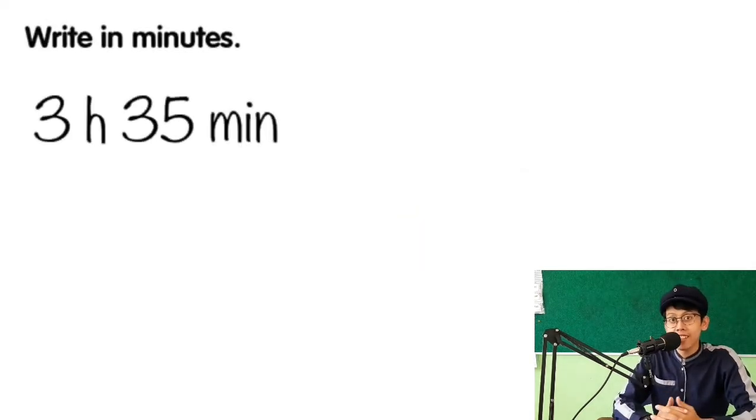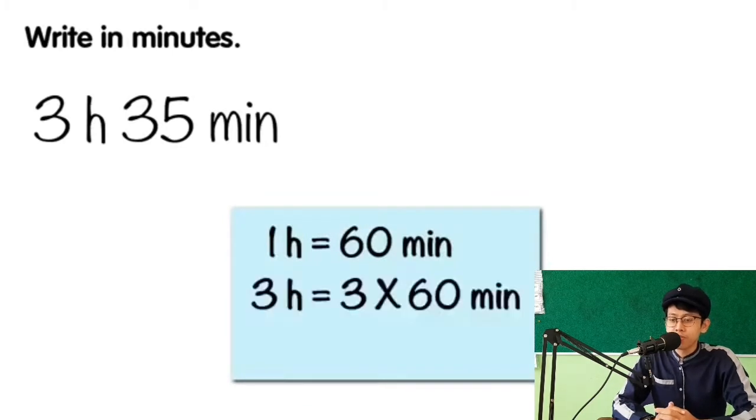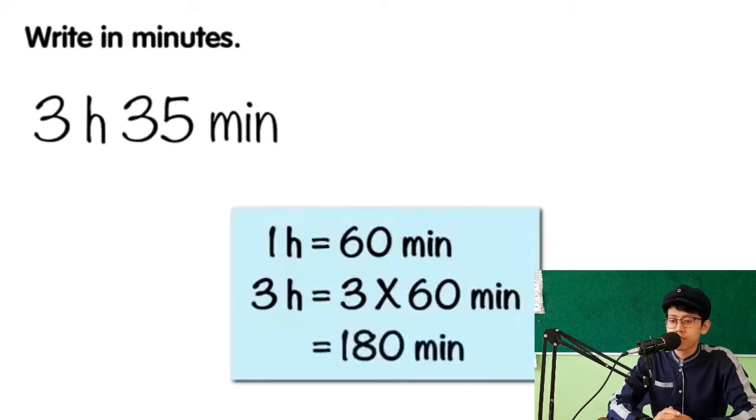How many minutes are there in 3 hours and 35 minutes? In 1 hour, there are 60 minutes. Now let's count it. In 3 hours, there are 3 times 60 minutes. 3 times 6 equals 18, so 3 times 60 equals 180. There are 180 minutes in 3 hours.